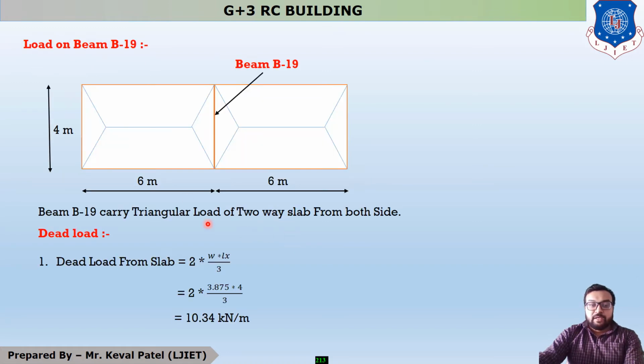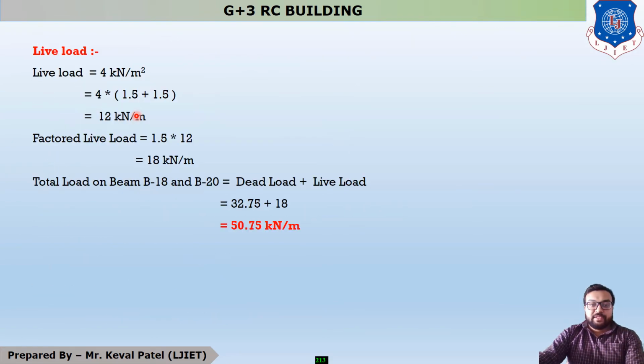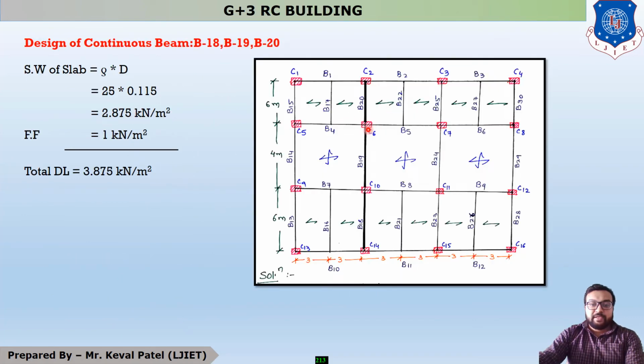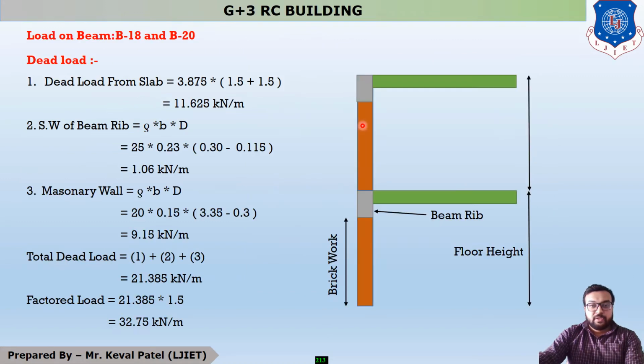Now our last, in middle beam, is beam B19. So you can see that this is your beam B19, which takes the load of this two-way slab and this two-way slab. Okay, so this length is 4 meter and this length is 6 meter.